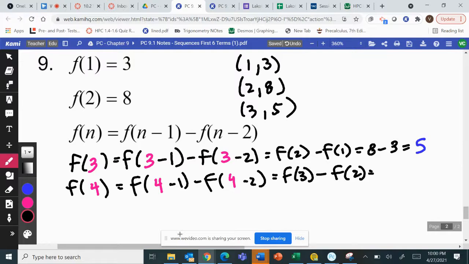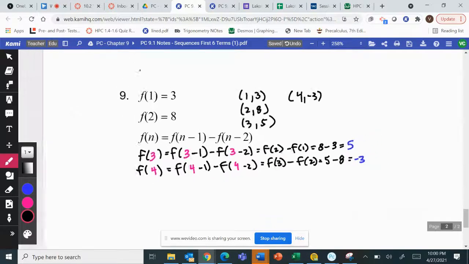So I go and I find f of 3, which is 5, and then f of 2, which is 8. So I get negative 3. And then you go ahead and find the last 2 values of the terms.